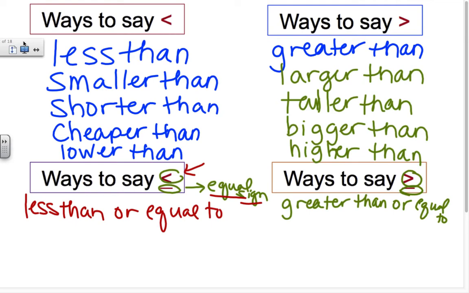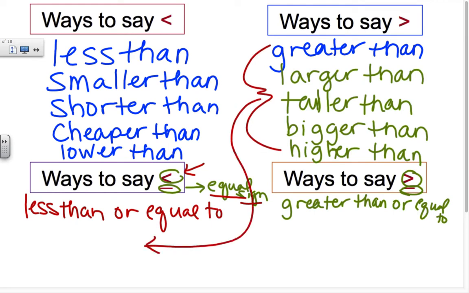A lot of them, if you take any of these here and put the word no in front, you can put no greater than, no taller than, no larger than, all mean less than or equal to.